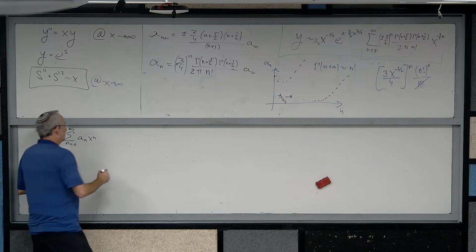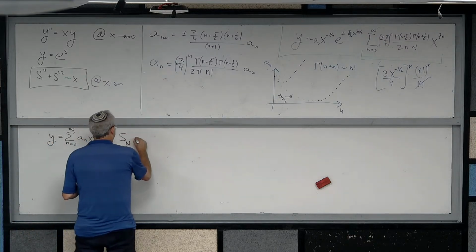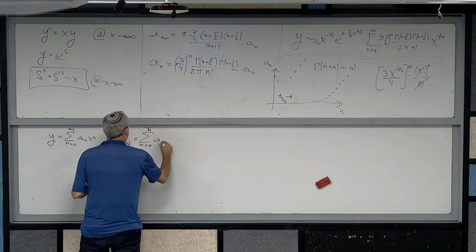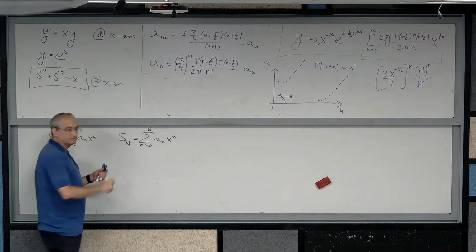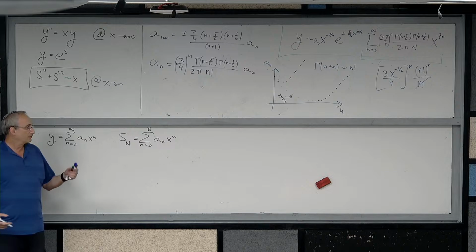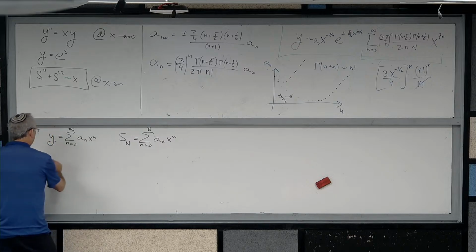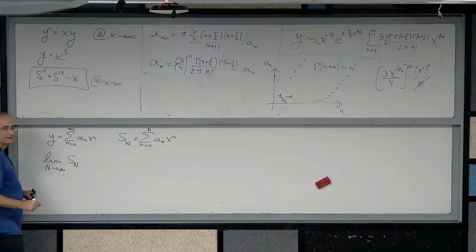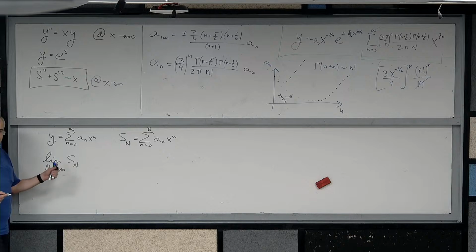Okay, so let's define S_N as the sum from n equals 0 to N of a_n x to the n. That's the first N terms, capital N terms. And what we know is that if the series is a Taylor series, then the limit as N goes to infinity of S_N, the series of partial sums, right? But the S_N are numbers.